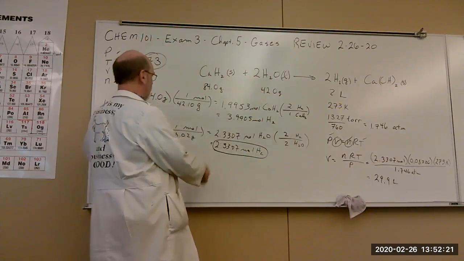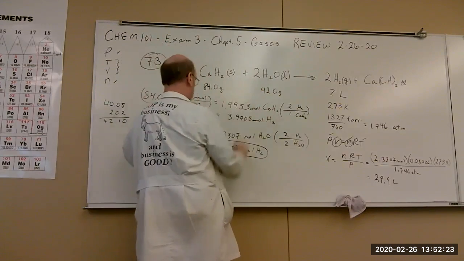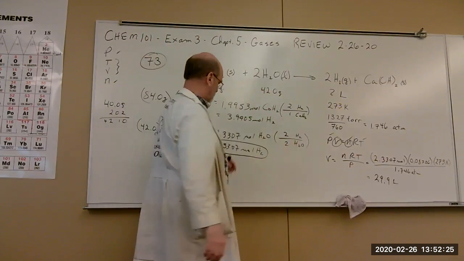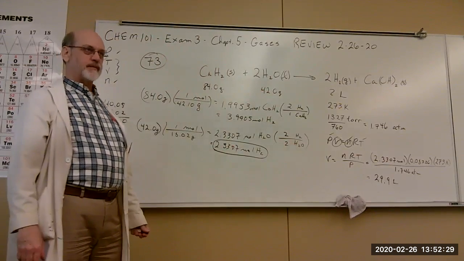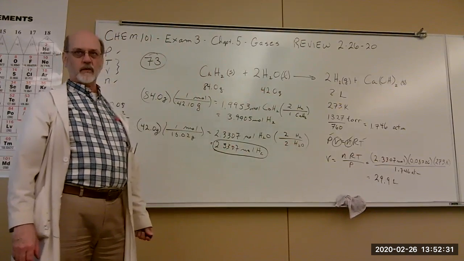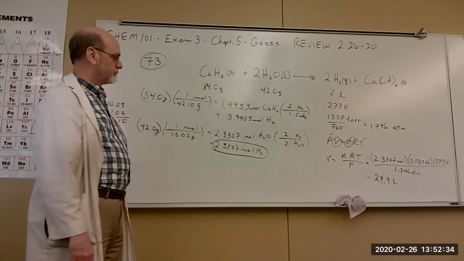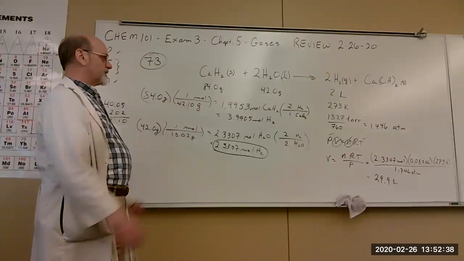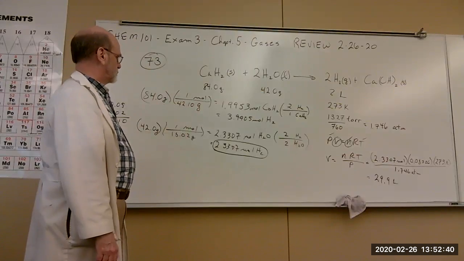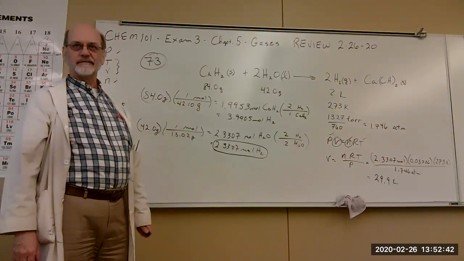So you just find out, what if you use all of one? What if you use all of the other? And the least one is your limiting. It produces the least amount of product. It has to be the limiting one. So this is sort of the next step: stoichiometry problem using gases.